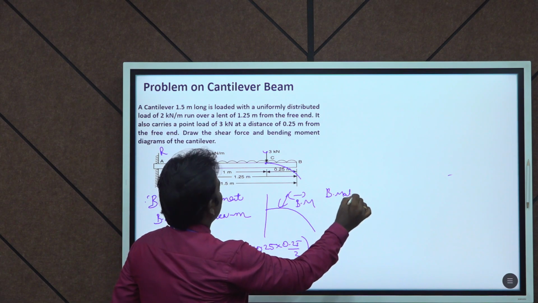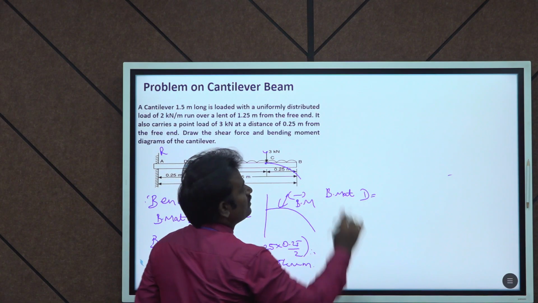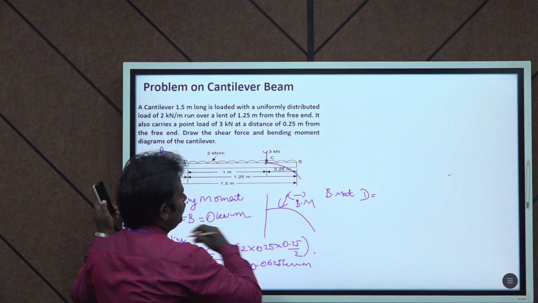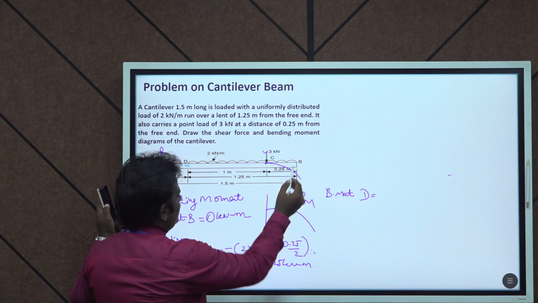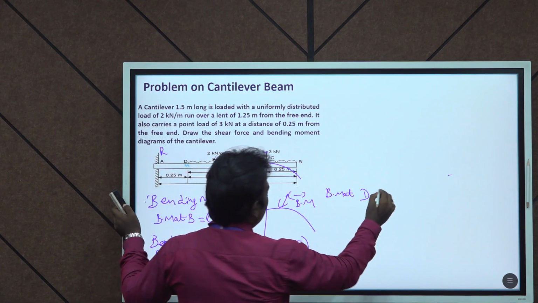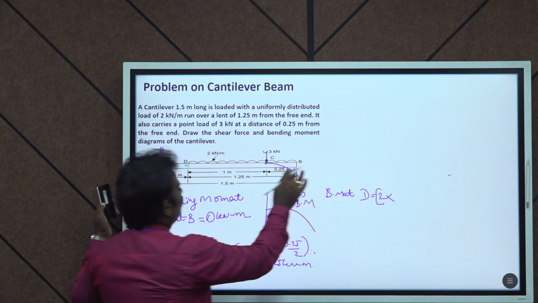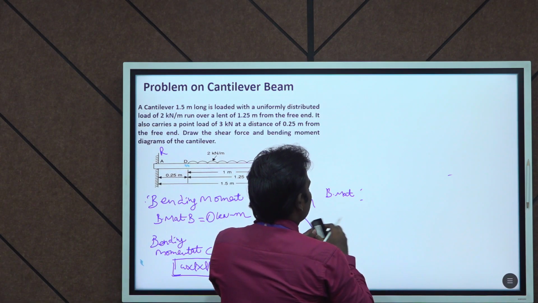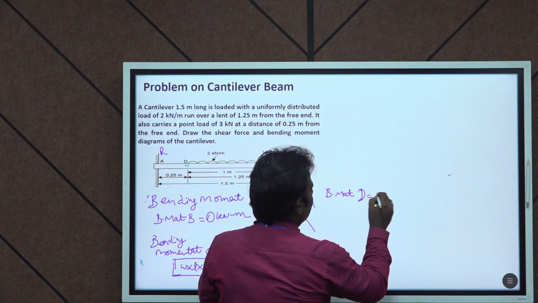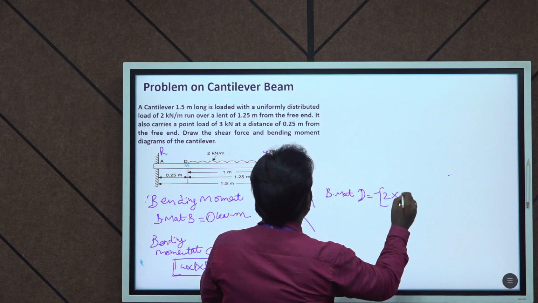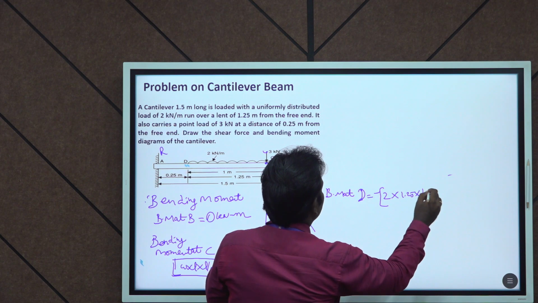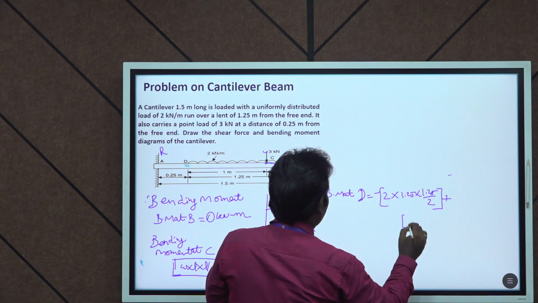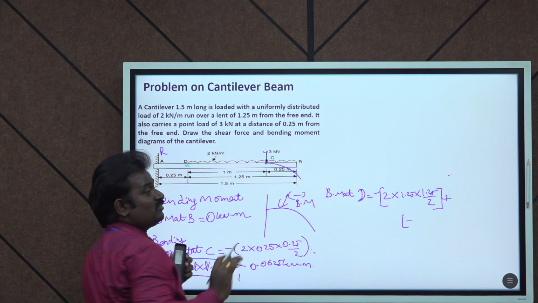Then bending moment at D. Here the first load is 2 kilonewton, so 2 into the total distance 1.25, into 1.25 by 2. Then adding minus, here the point load is also acting.